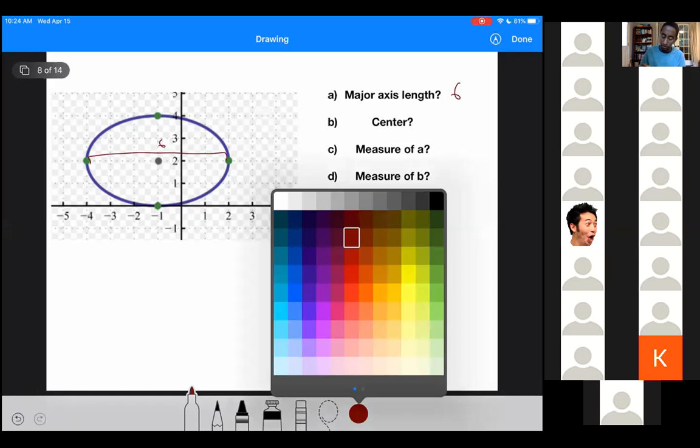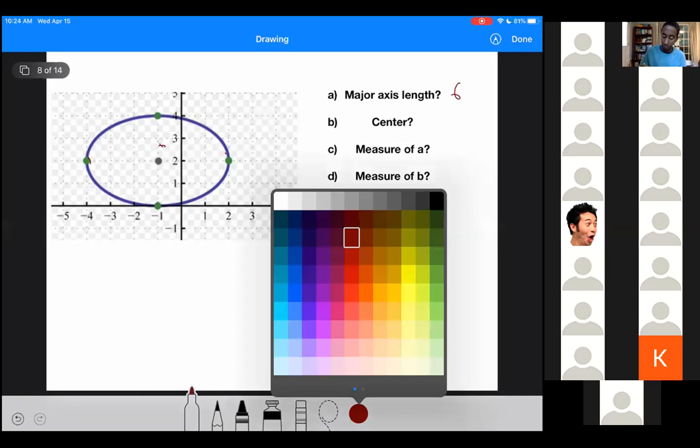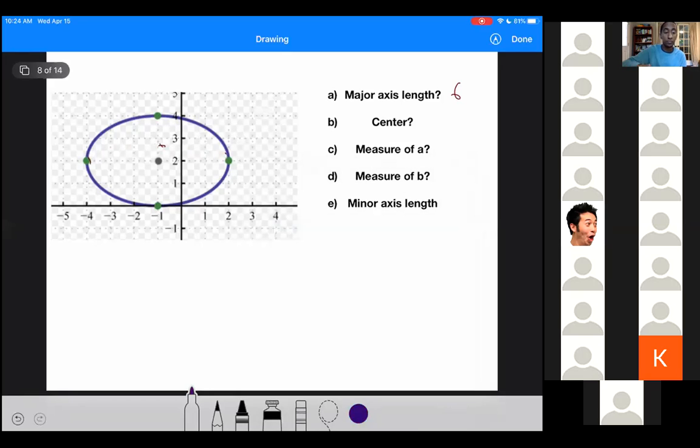Jocelyn, what do we have for the center? Okay, see your message in the chat. -1, comma 2. Yeah, that's our center.